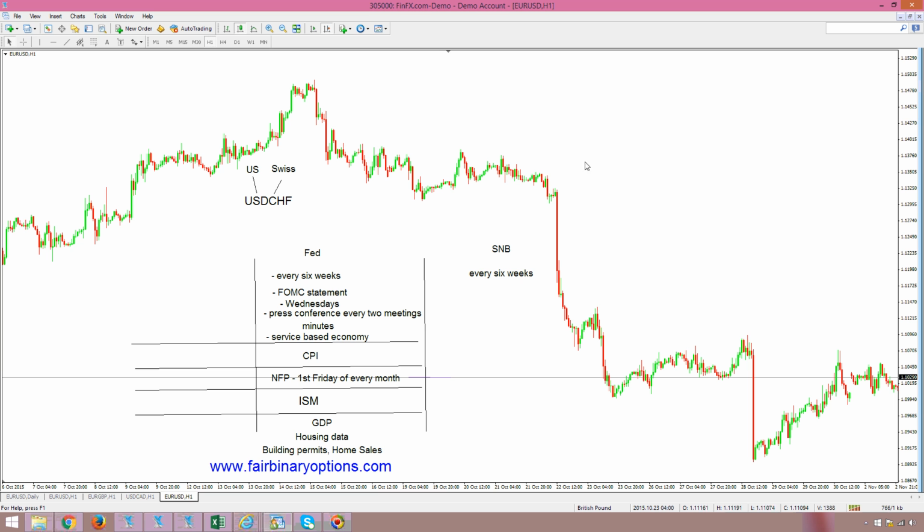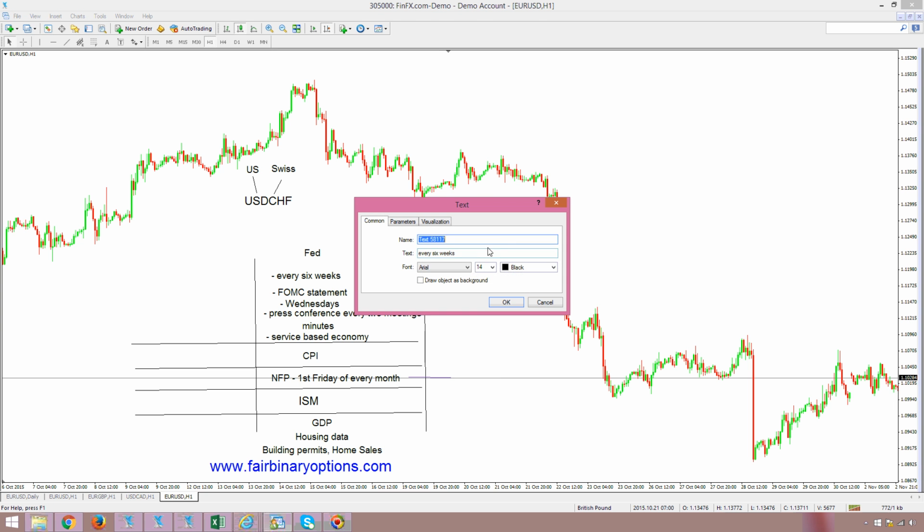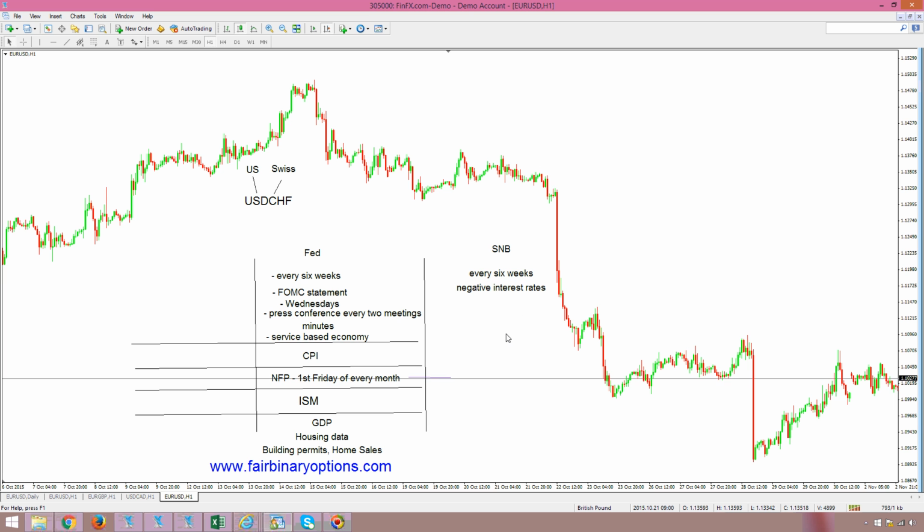As you very well know by now, in Switzerland, as well as in Europe basically, we have negative interest rates. Not only are they negative, but they are way into the negative territory. So negative interest rates in Switzerland.